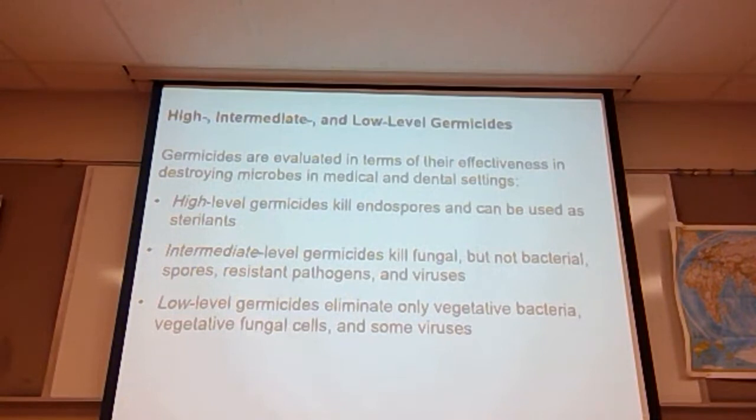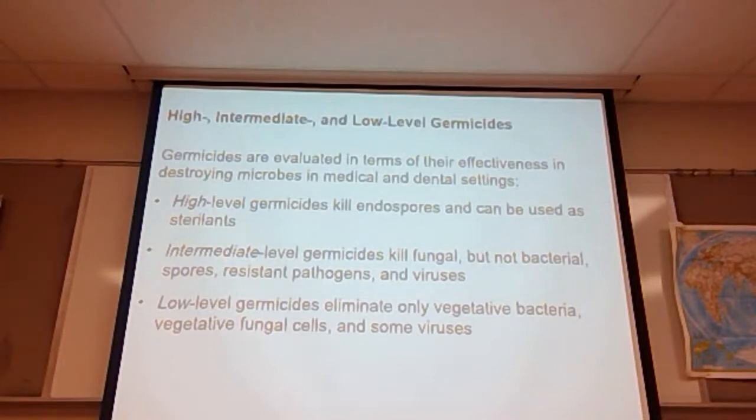Germicides are evaluated in terms of their effectiveness in destroying microbes in medical and dental settings. A high-level germicide kills endospores and can be used as a sterilant. An intermediate-level germicide will kill fungal but not bacterial spores, resistant pathogens, and viruses. A low-level germicide will eliminate only vegetative bacteria, vegetative fungal cells, and some viruses.